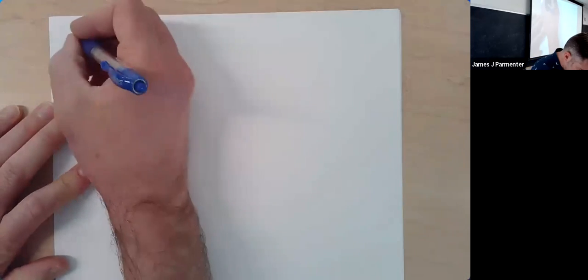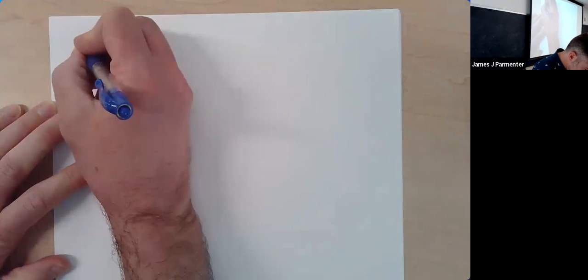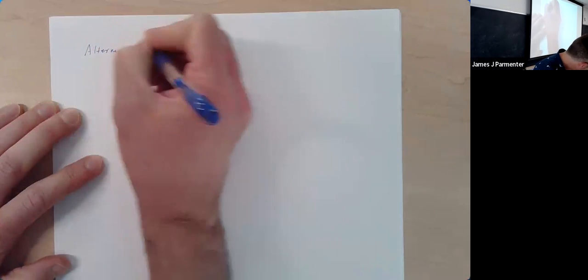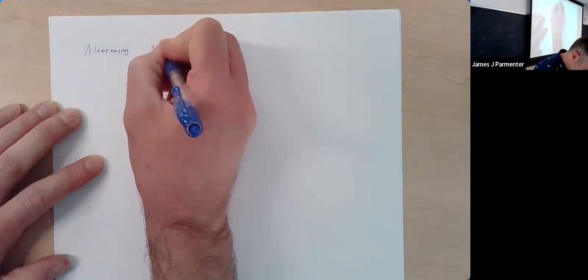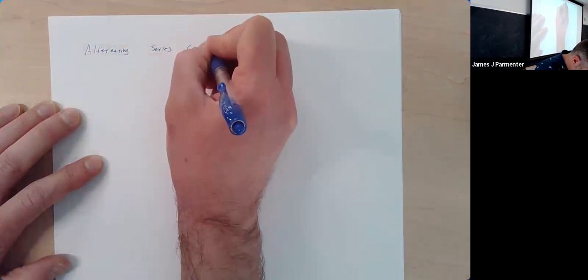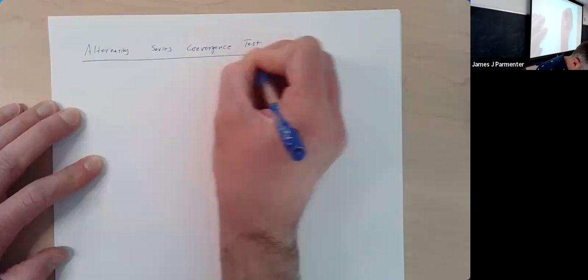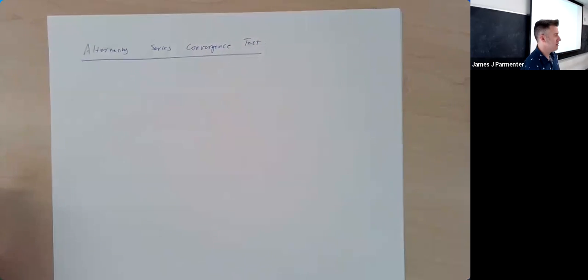Alternating series test. Or as my good friend wrote, and I think it's the idea, the alternating series convergence test. So much like the nth term test, also called the test for divergence, which can only show you that the series diverges or the test is inconclusive, the alternating series convergence test can really only show you a series converges.